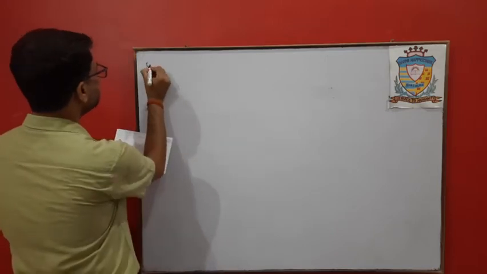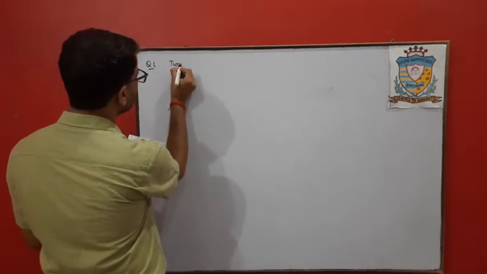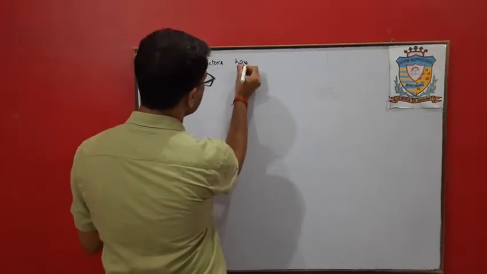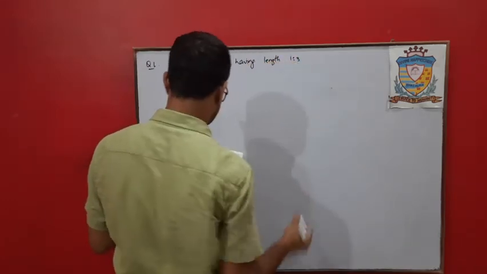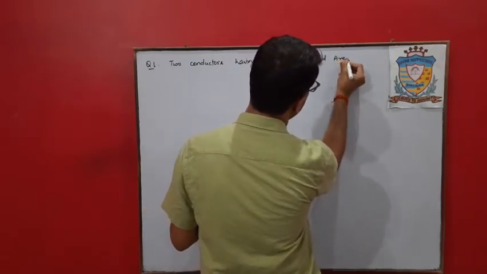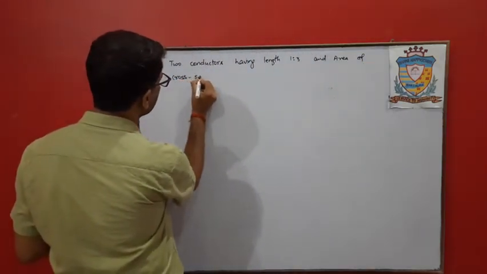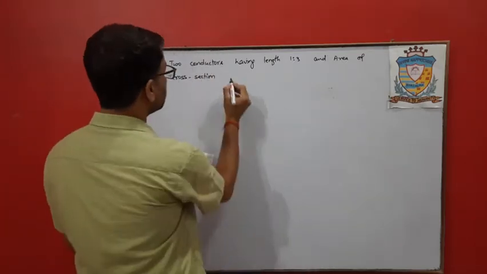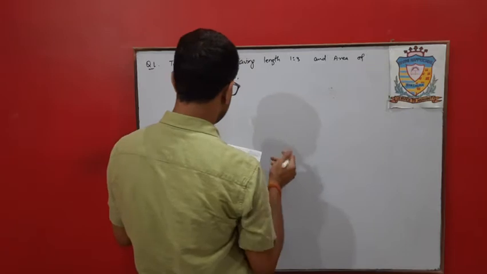Now question number 1. Two conductors having length ratio 1:3 and area of cross section ratio 3:7.